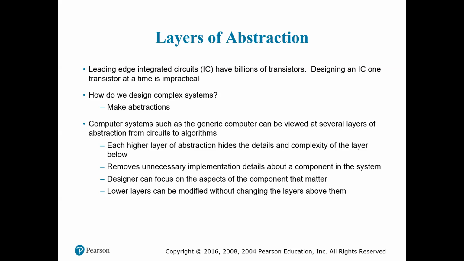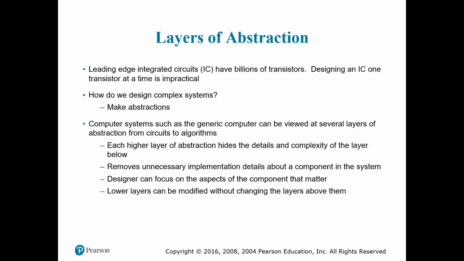We have layers of abstraction. Digital systems are very complex. Leading edge integrated circuits have billions of transistors. Designing an integrated circuit one transistor at a time is impractical. How do we design complex systems? We make abstractions.